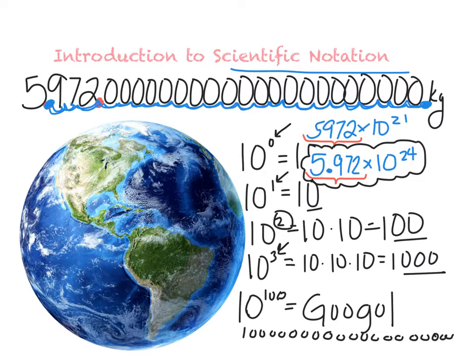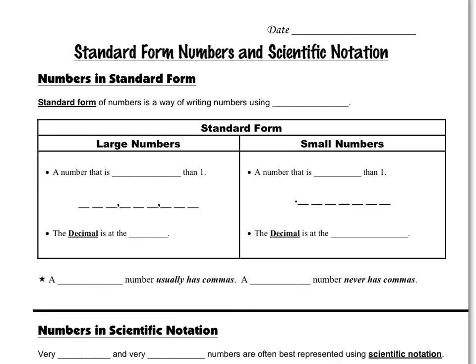Let's go ahead and fill out some guided notes and talk more about scientific notation. So let's talk about standard form and scientific notation. Standard form would be the mass of planet Earth not written in scientific notation. So that would be 5972 with all of those zeros.